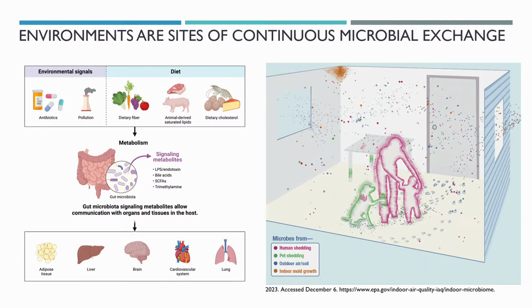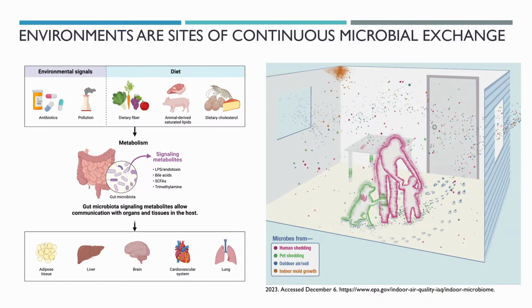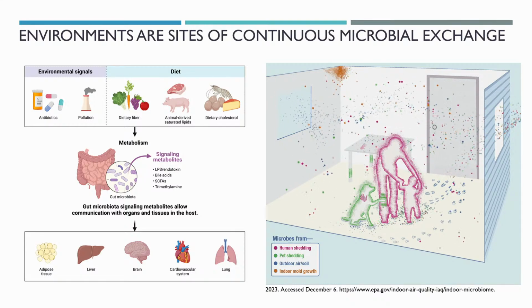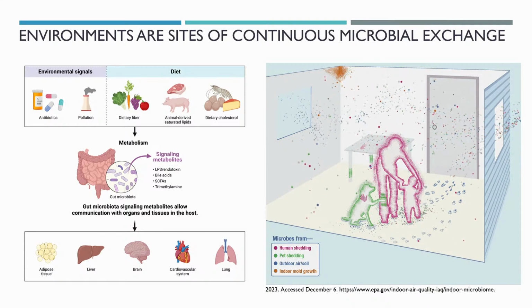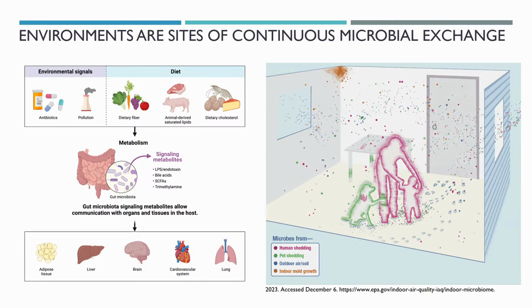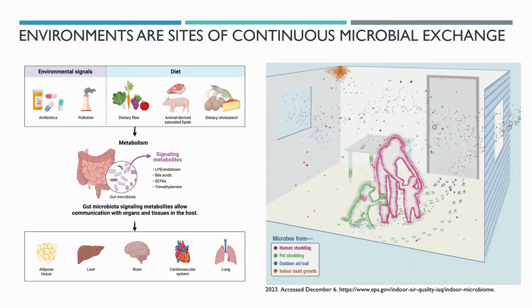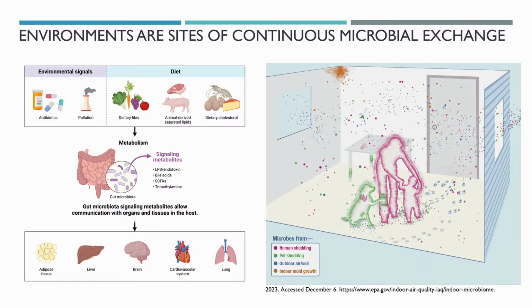And the gut microbiome signaling, basically producing these metabolites, allows for communication with organs and tissues in the host. It affects everything from your fat tissue, your liver, brain, your heart, your lung. Everything is influenced by your gut microbiome.